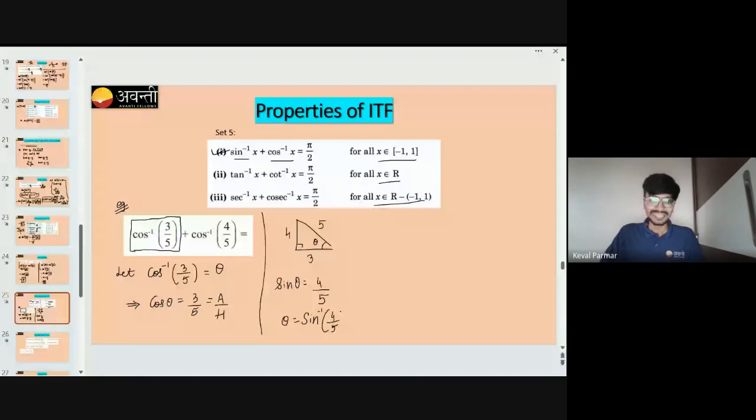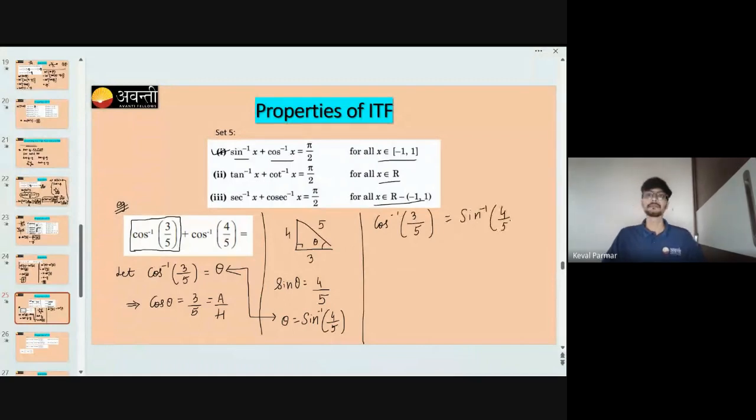By equating these two equations, we can write cos inverse of 3 by 5 as sine inverse of 4 by 5. So here, if I input this in the question, my question will become sine inverse of 4 by 5 plus cos inverse of 4 by 5.